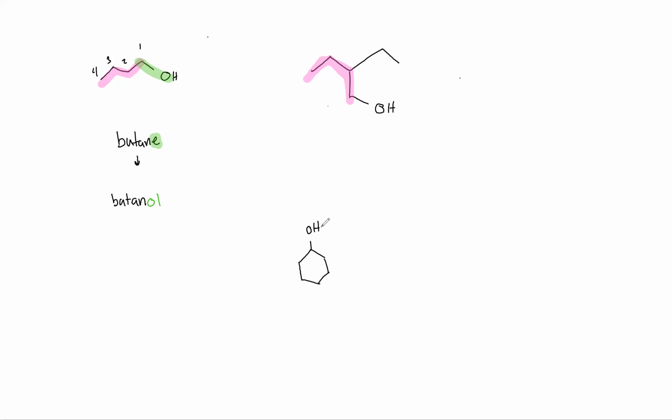Then and only then can we drop the 1. Personally, I usually always keep the 1 in the name because it helps me keep track of everything and there's less room for error. So there are 2 ways we can designate 1-butanol here. We can either say 1-butanol, putting it in front of the parent name, or butan-1-ol.